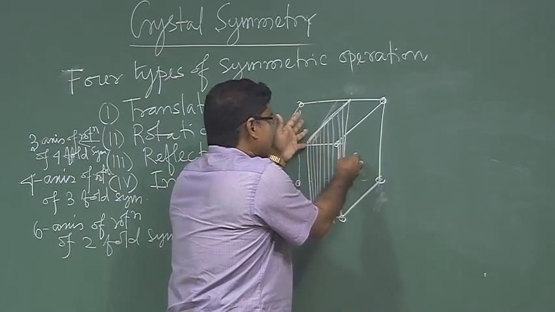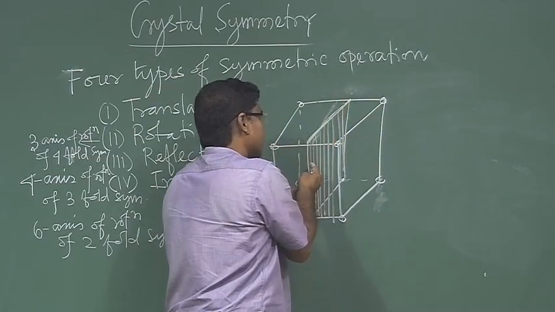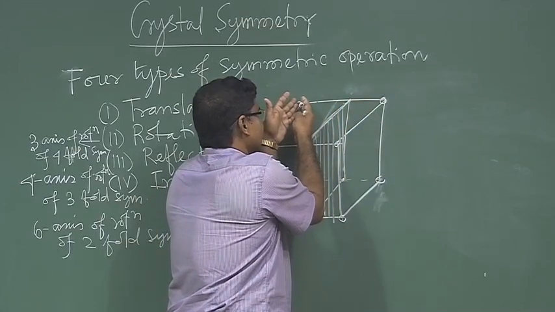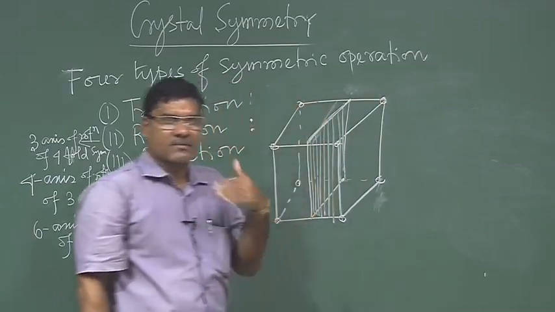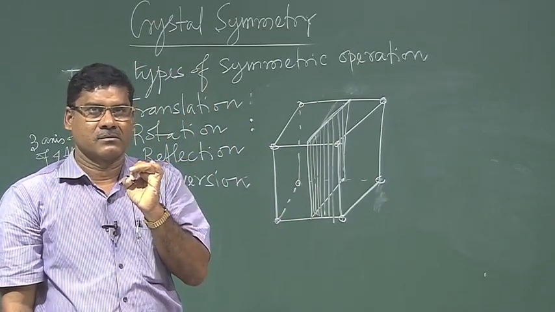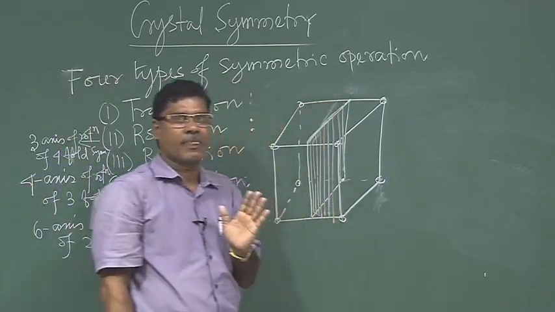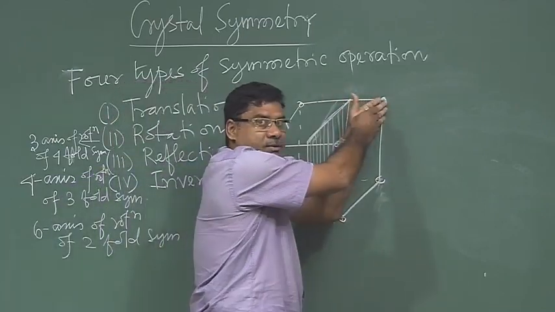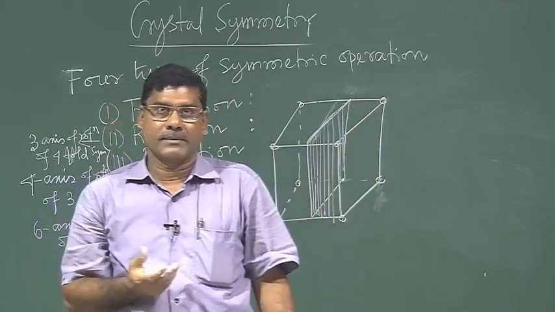So, what does it mean? I have taken a cube, and the cube has this type of lattice point arrangement. I have taken one mirror plane and I am saying that this point is equivalent to this point. So if the cube has reflection symmetry with respect to this kind of plane, from this information itself I can find out the positions of the lattice points, the positions of the atoms.